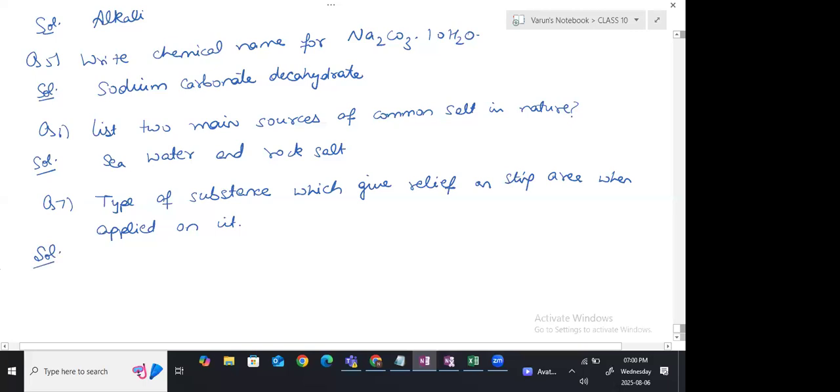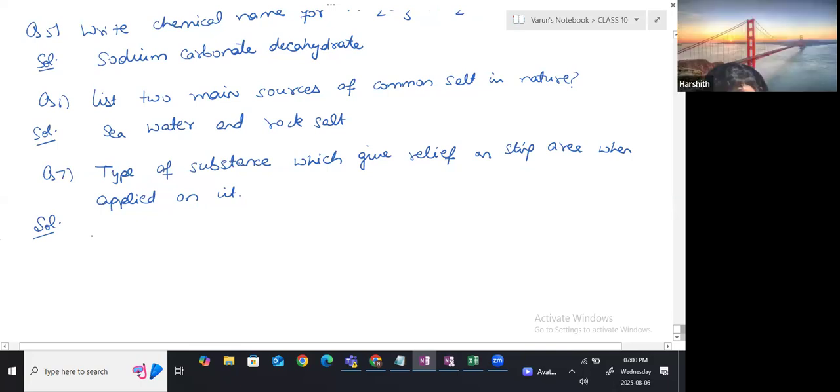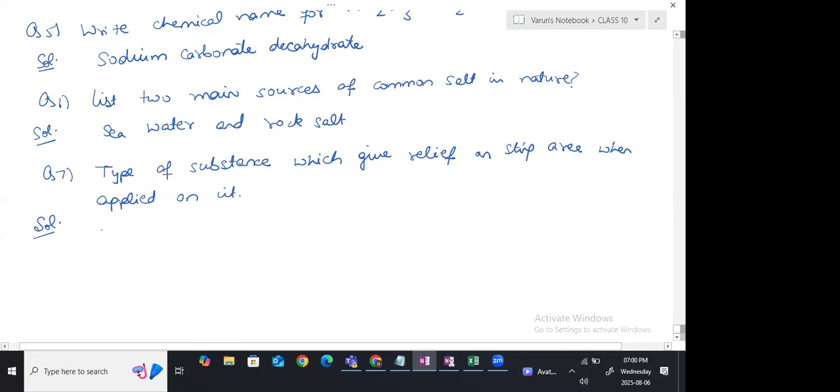What can we apply over it? Do you know what a sting area is? The area where the insect bites and injects its acid. What does the insect leave on our body when it bites? Acid. Methanoic acid. It releases methanoic acid, and to get relief from it, we use baking soda. Okay.